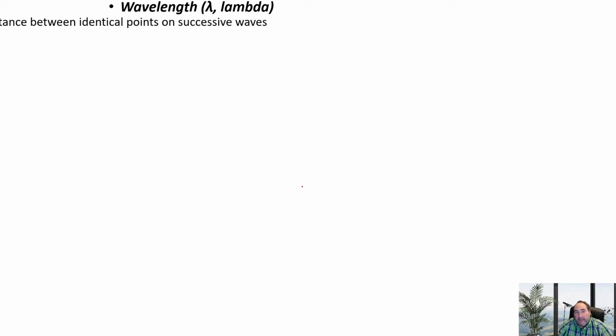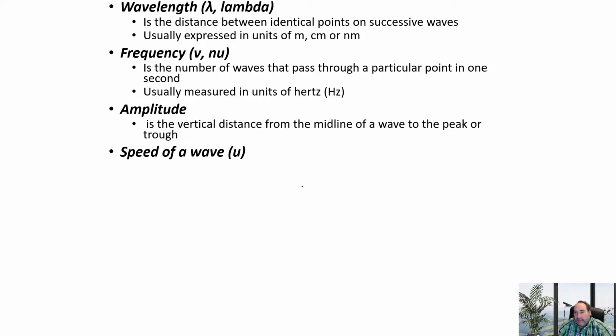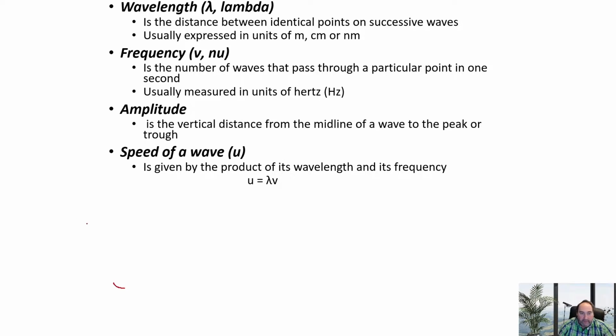So let's talk about some of the different parts of a wave, just to make sure everybody understands that. So when we look at a wave, prettier picture coming up, I think, on the next slide, but we've got a wave kind of happening like that. The wavelength, which is lambda, is from one peak to the next peak, or sometimes referred to as a trough to a trough, which is the lower guy.